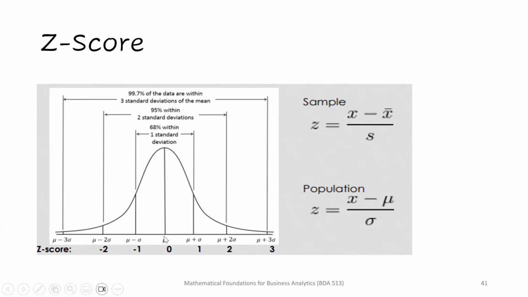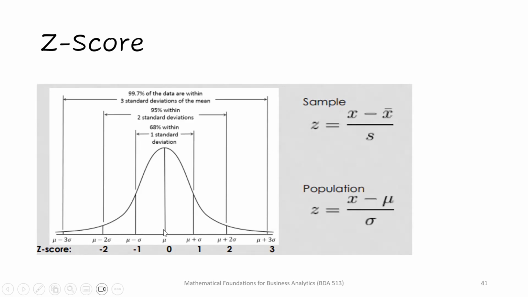Now, when you go to your right, that means that you are going away from the mean. Let's say you go one step to the right, you are going away from the mean. You go 2 steps to the right, you are going further away from the mean, and so forth.